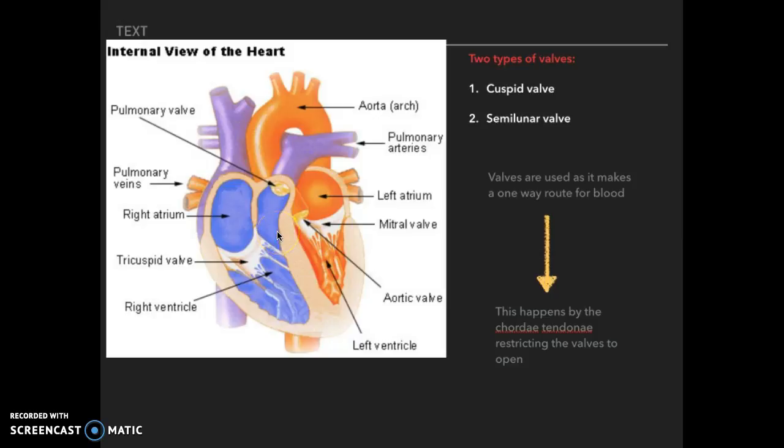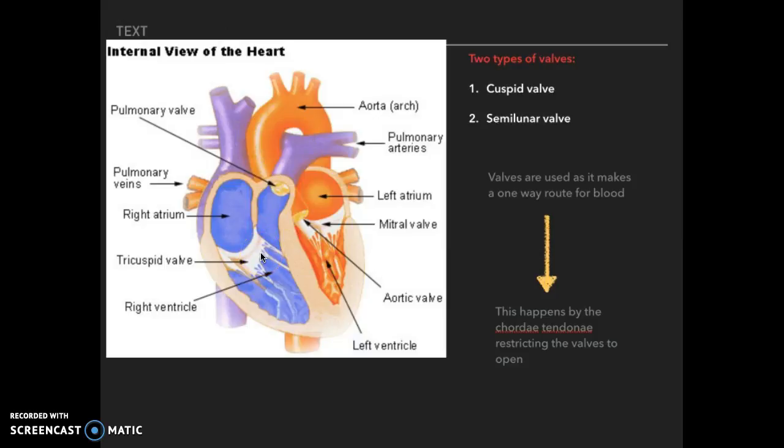So at relaxation, the tricuspid and bicuspid valves are open, and blood will be flowing about 70%, and once I get into further detail, you'll realise where the other 30% comes from, and then once it's full, the valve will shut. The other valve is the semilunar valve, which is the pulmonary valve and the aortic valve, which I said is up these bits.